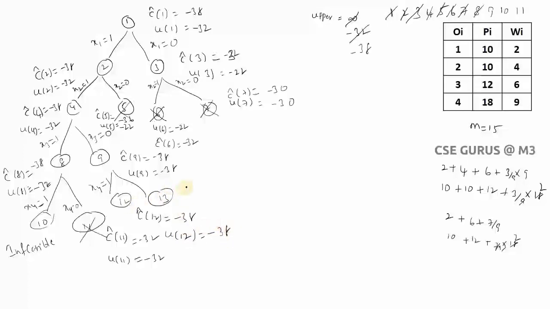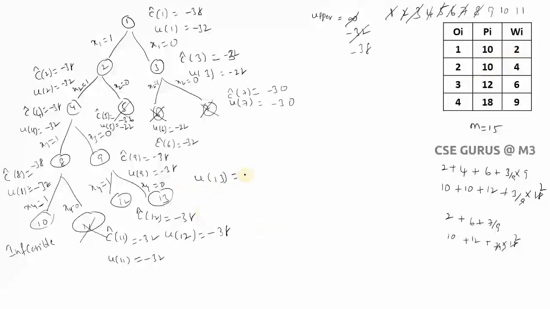And if you consider here for 13, what is u of 13? I need to include x1, x2 has to be included, don't include x3 and x4. Here x4 is 0, so only you need to include the first two. 2 plus 4 is 6, 10 plus 10, 20.